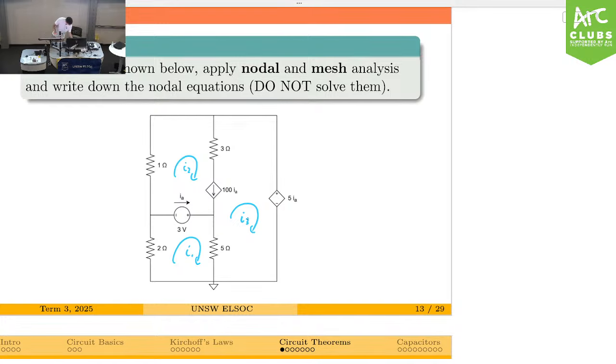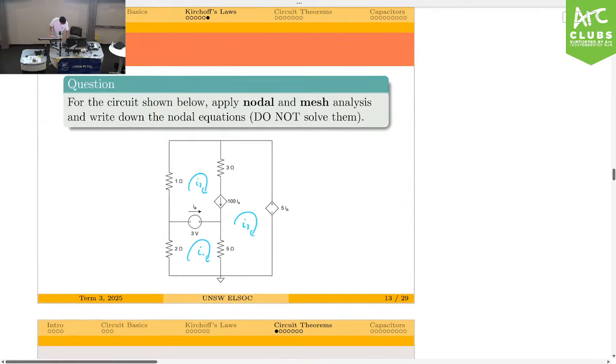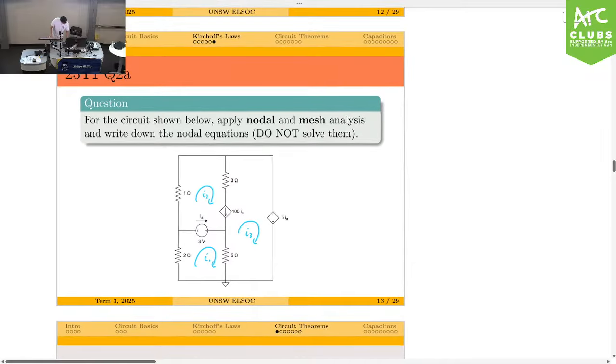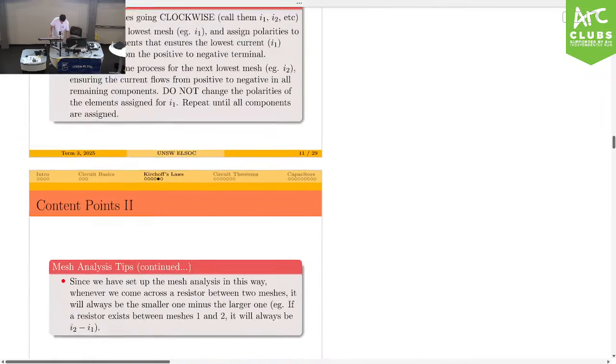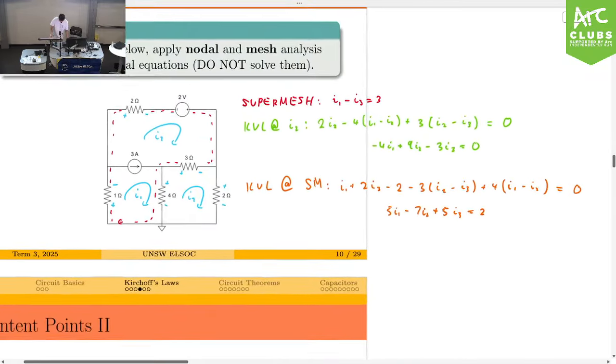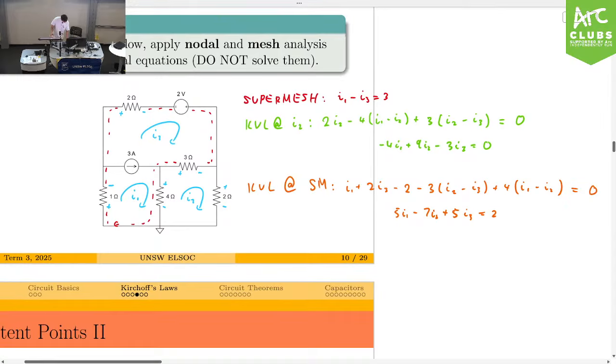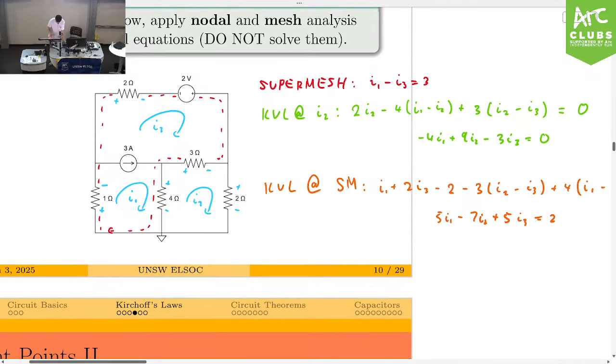So we have a question in the chat. Can we treat node V3 as 2 volts? Do you mean from the question beforehand? From this one? In this case, I think you're talking about this.